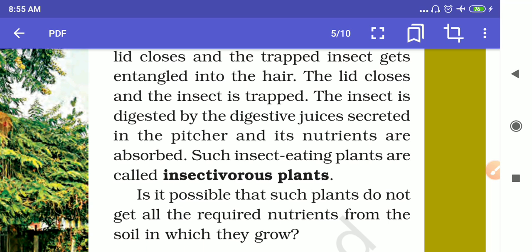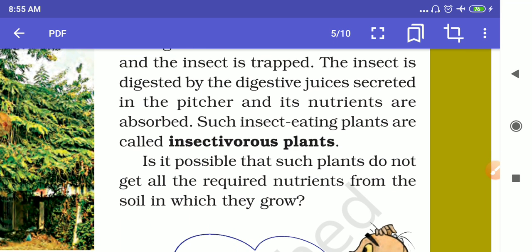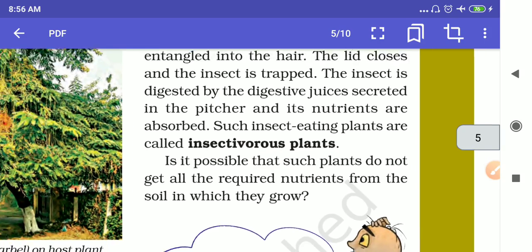They are green plants. They prepare their food through photosynthesis, but they grow in such soils that lack some nutrients. To fulfill their requirements, these plants trap insects and get the nutrients from them. Examples are pitcher plants and Venus flytrap.